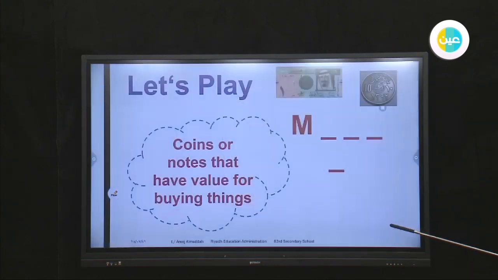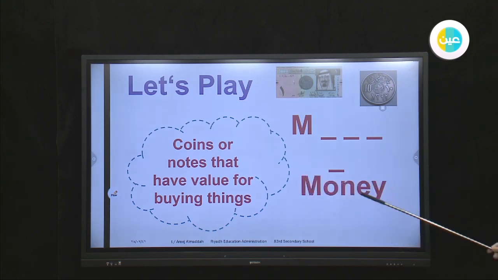Do you see? What can we understand from this video? Before, they didn't have any of these things that we call today money, as the coins and the money. They only exchanged things to take the others. Okay, let's play with each other. Coins or notes that have value for buying things. Start with M, it's money.